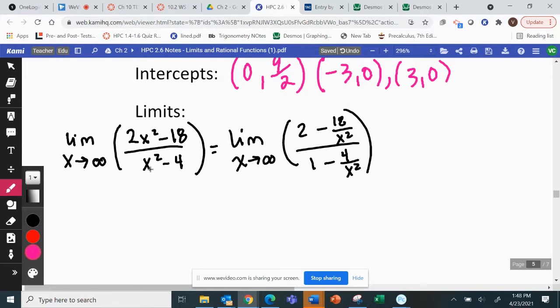So if we have a little number like 18, we divide it by x squared. As x gets bigger and bigger and bigger, this is going to approach 0. Same thing with 4 over x squared. So I get 2 over 1. My limit is 2.